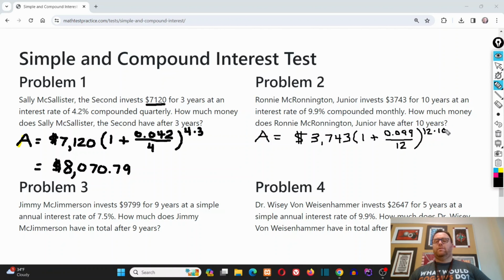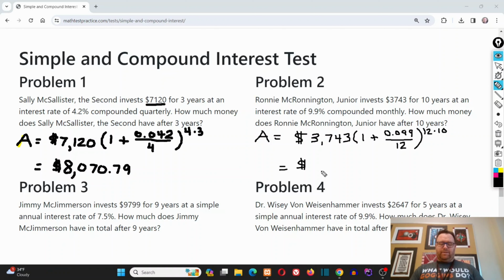All right. So if we do that out, let's do that on our calculator. So we're going to do 3,743 times 1 plus 0.099 divided by 12, and we're going to use that X to the Y button to raise it to the 120th power.